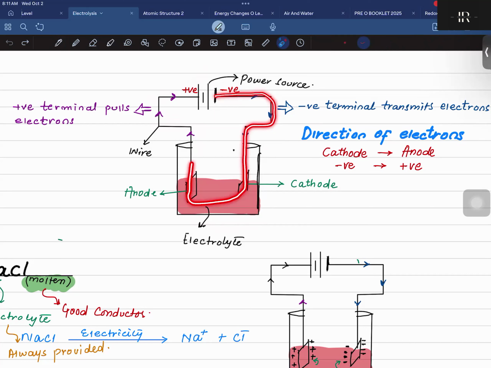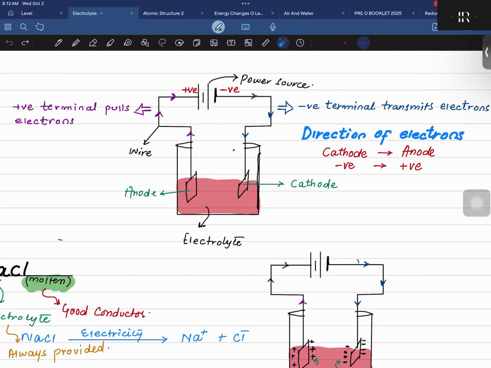Remember, from negative to positive. So today we are going to start.